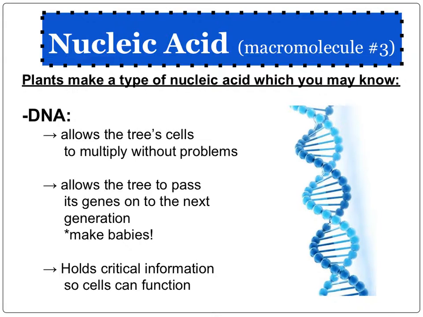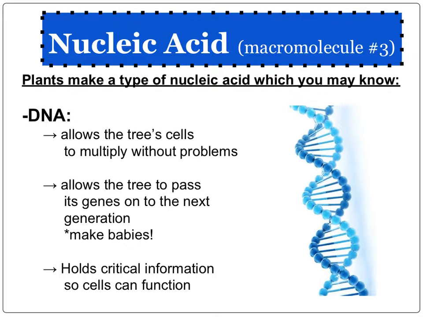The DNA allows the tree to pass its genes on to the next generation, and by generation I mean the babies. So DNA allows the parents' genes to be passed to the babies, the next generation, so the babies can live just as well as the parents did.